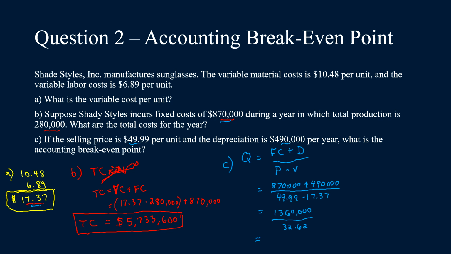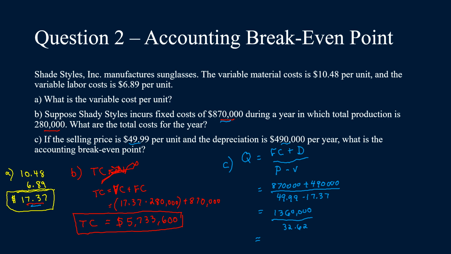So 1,360,000 divided by $32.62. Hold on, let me make sure I'm doing this right. Just bear with me one second.